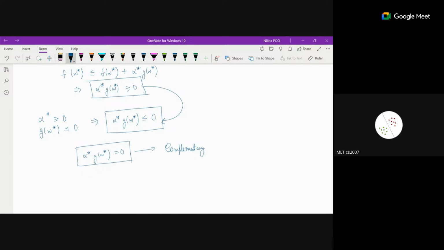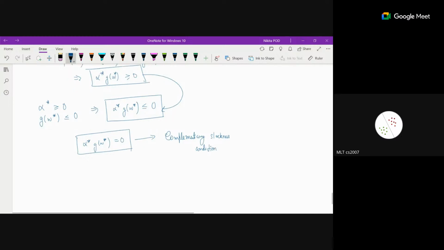If you remember from your MLF course, when you were looking at optimization problems, this was called the complementary slackness condition. So here, if either of the terms, alpha star or g of w star, is less than 0, the other term has to be equal to 0, right?